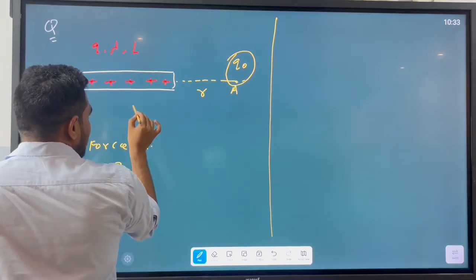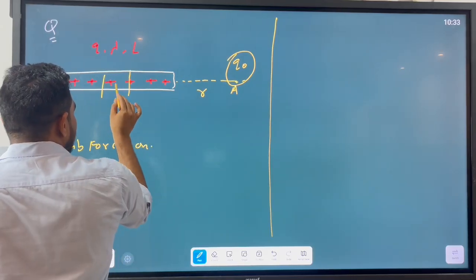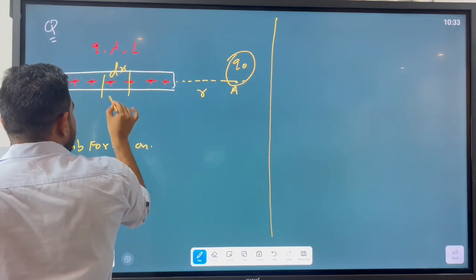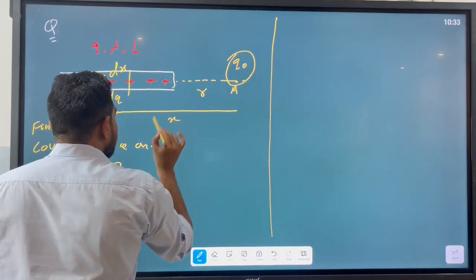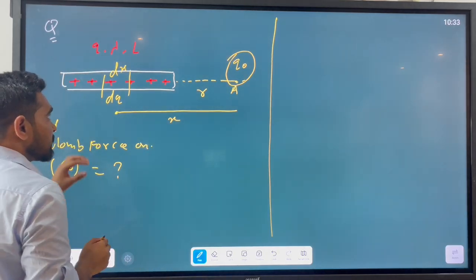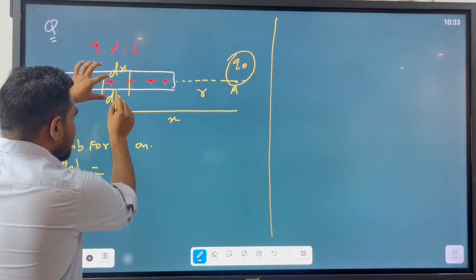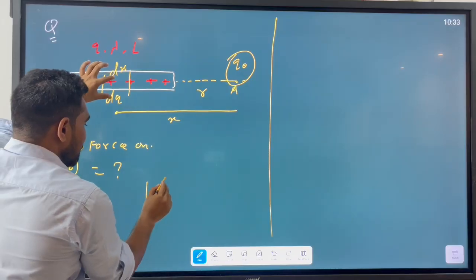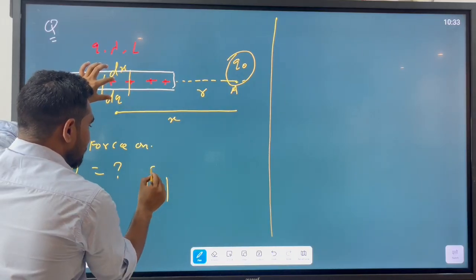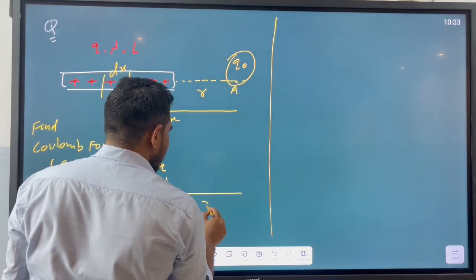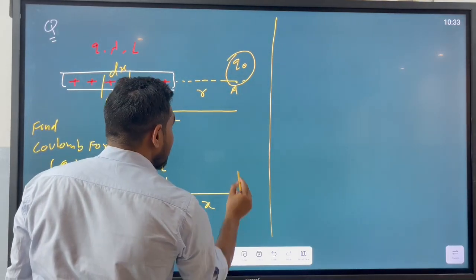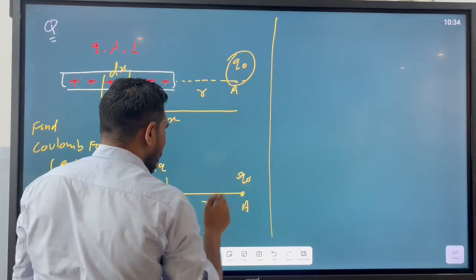We cut a small strip of thickness dx and charge dq, at distance x. This is a point charge dq of thickness dx, and here is point A with charge q naught.